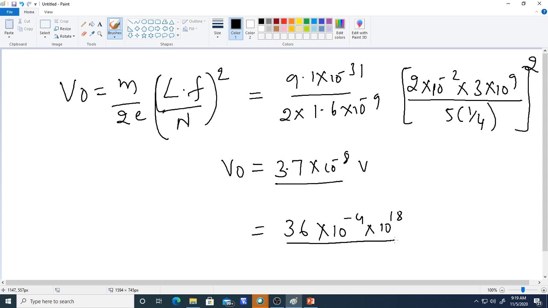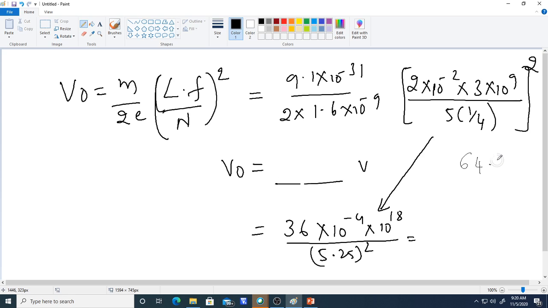Okay, so this is divided by 5.25 square. So this will give, so this parameter I am writing, 64.51 into 10 power 2.